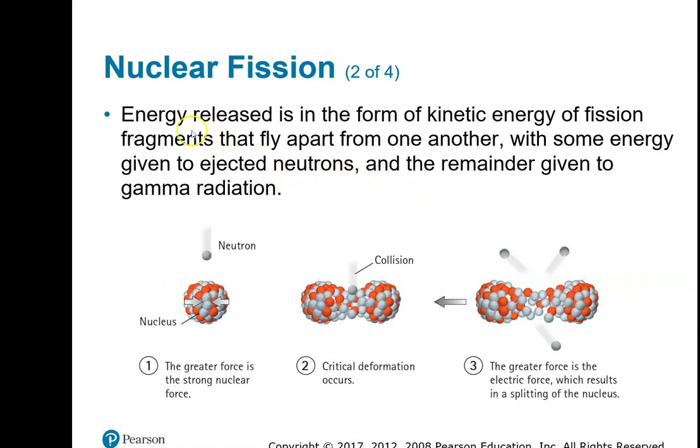The energy is released in the form of kinetic energy of fission fragments that fly apart from one another, and they eject three neutrons in particular that can go into further reactions.